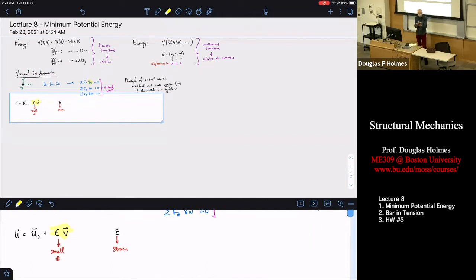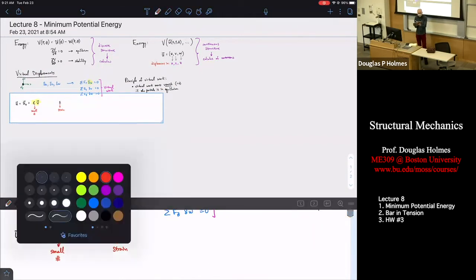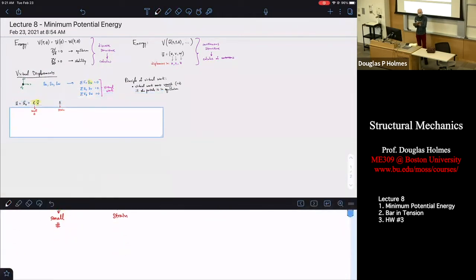Well, to figure this out, we can pretend that we know that our total potential energy is just a function of, instead of being a function of x, y, and z, we'll say the deflection of my bar, for instance, is only going to vary in x. So all we care about is the location of material points along the long axis of my bar.